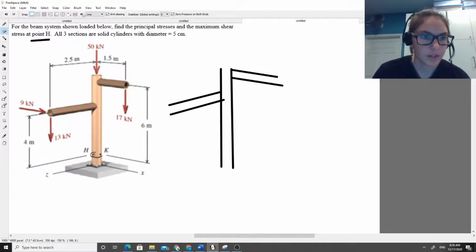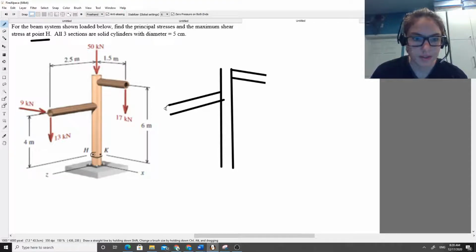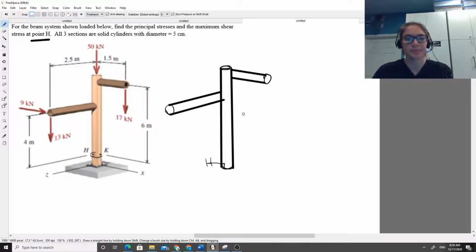Whoops. I'm going to go back to freehand. So here's your long pipe, short pipe, top pipe. And this is the cut plane, so this is point H. This is the point we're concerned about, point H.